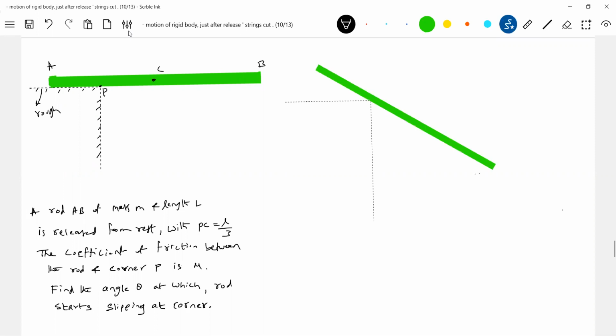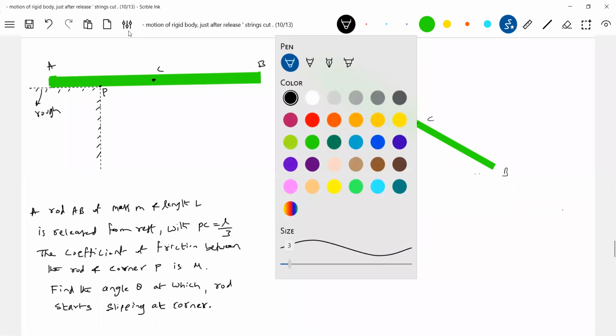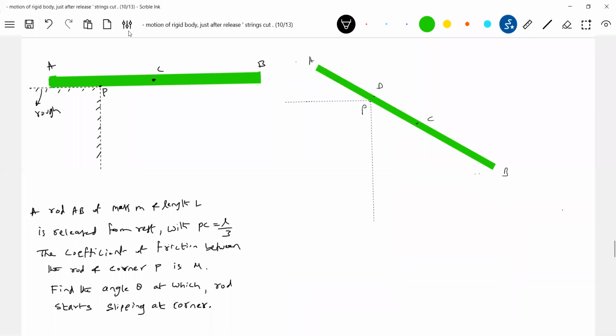Okay, let's get into the problem. This was the end A, this is B, and the center of mass, let me take it here, this is C, and this is the point P of the corner, this is D. The rod will rotate about point P, the simplest idea.